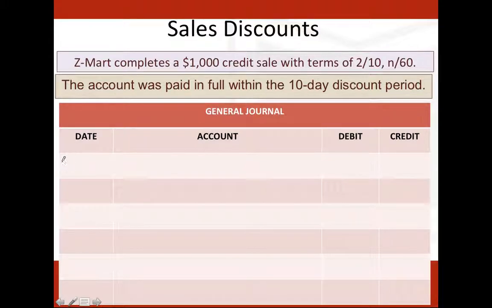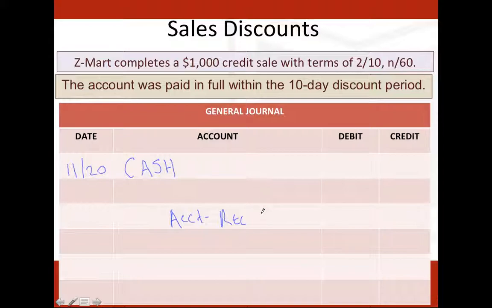We'll just say they paid on November 20th. They paid 8 days later, so they are eligible to take that discount. We know we're getting cash, so we'll have a debit to our cash account, and we know that they're paying off an account receivable, so that receivable is going to go away.